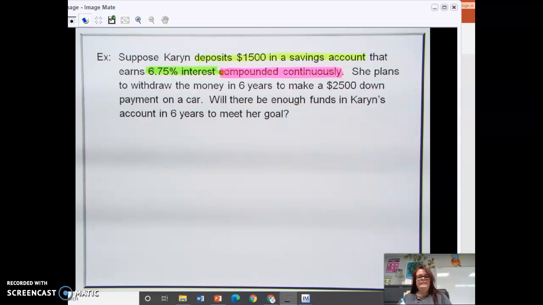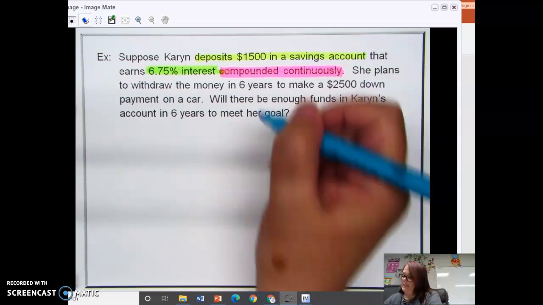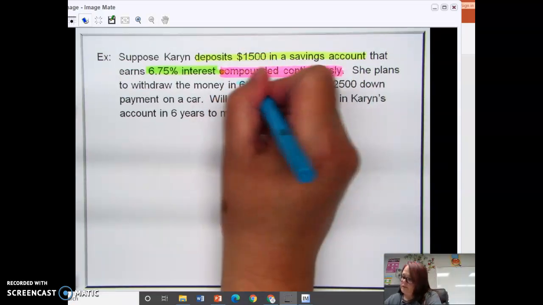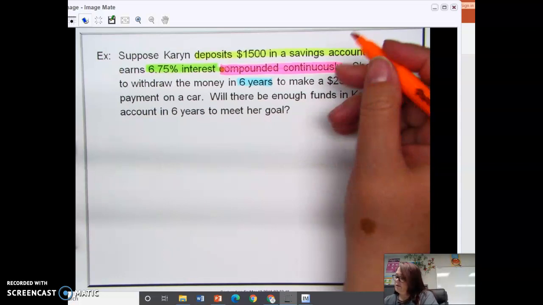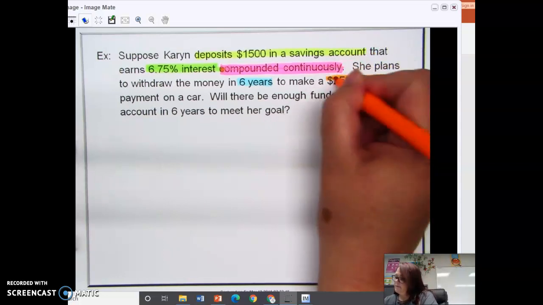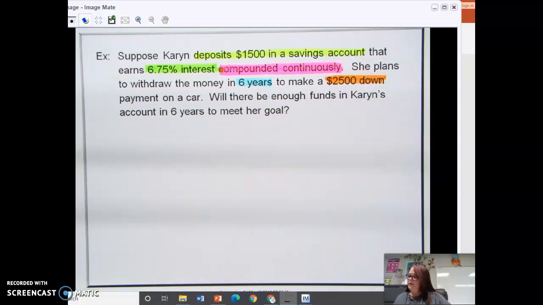It says she plans to withdraw the money in 6 years. Notice she hasn't added any money along the way. And she wants to make a $2,500 down payment on a car. And it says, will there be enough funds in Karen's account after the 6 years to meet her goal?